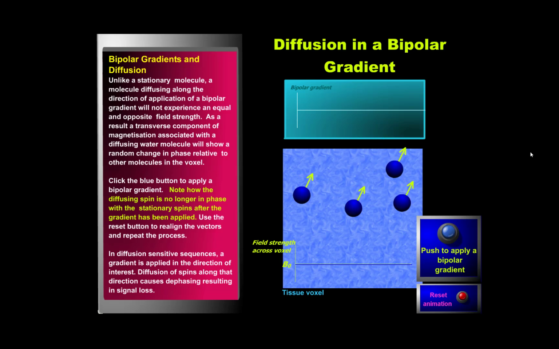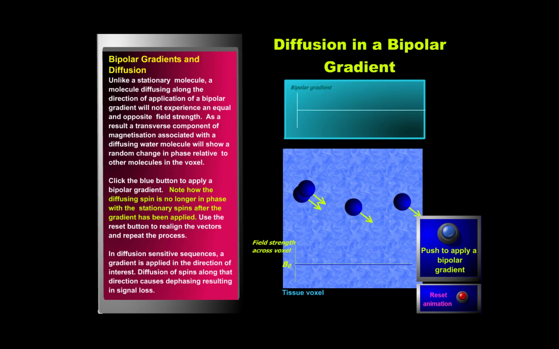So this spin moving around here is meant to represent a diffusing spin. So it might be associated with a water molecule that's diffusing in tissue. So we're going to do the same thing. We'll apply a bipolar gradient. Initially, you can see that the transverse component in the spin is in step with the other stationary spins, but we'll see what happens when the gradient is applied.